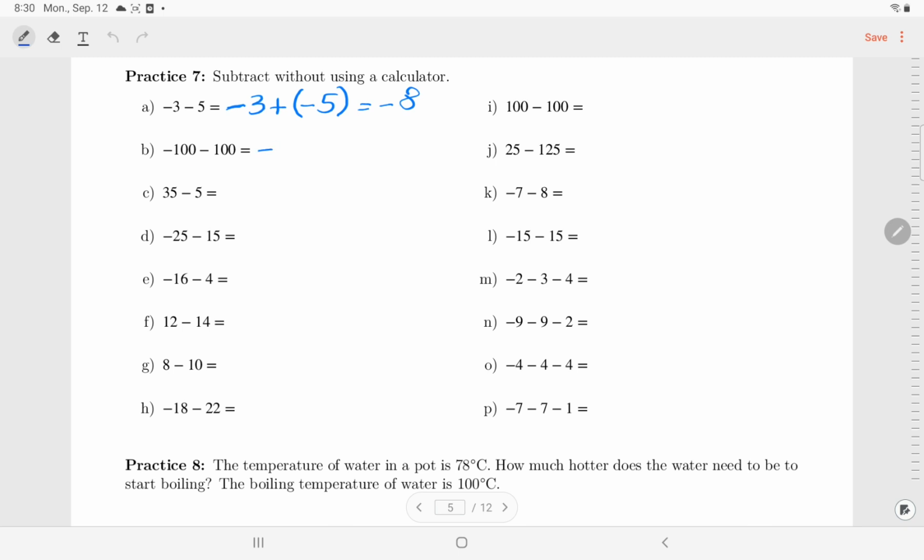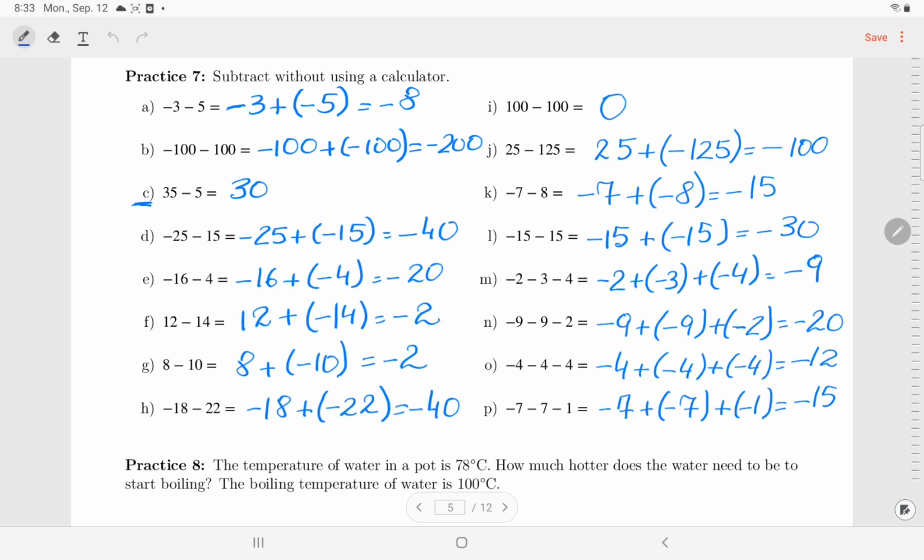And negative 100 minus 100 is negative 100 plus negative 100, which is negative 200. The exception is a case like C, where we can simply subtract 5 from 35. 35 minus 5 is 30. Now pause the video and complete practice 7.